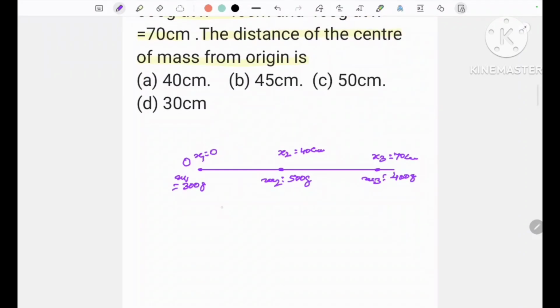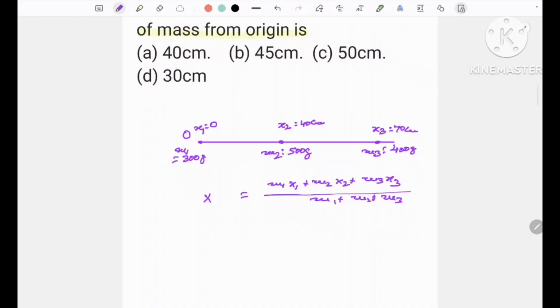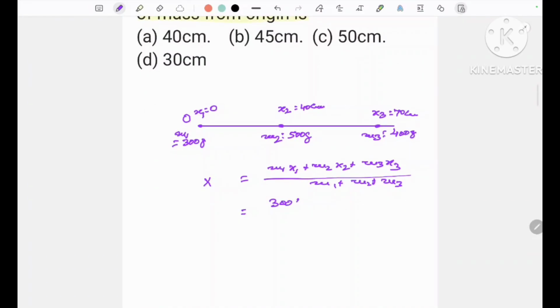The distance of center of mass x from the origin is m1 x1 plus m2 x2 plus m3 x3 upon m1 plus m2 plus m3. That is 300 into 0 plus 500 into 40 plus 400 into 70, by 300 plus 500 plus 400.